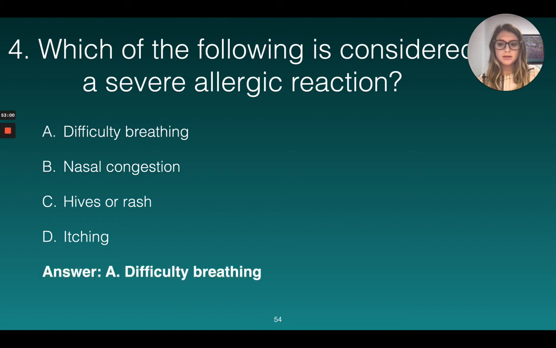The answer is A, difficulty breathing. Difficulty breathing is going to be a severe allergic reaction response. Nasal congestion, hives, rash, or itching are going to be more mild responses.